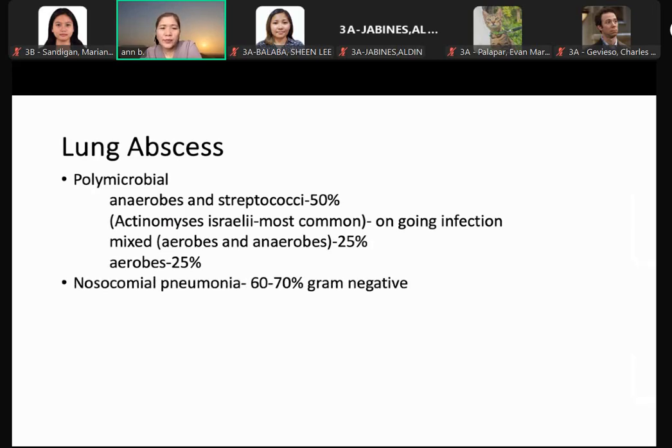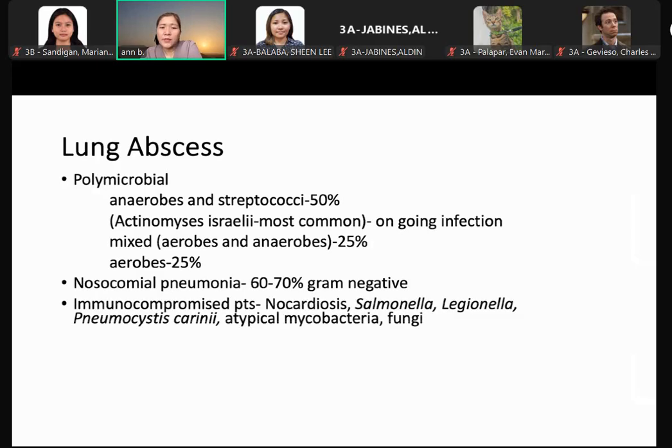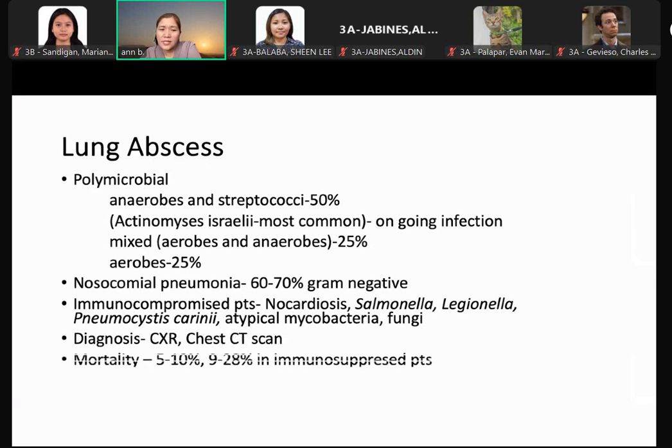Nosocomial pneumonia in 60 to 70% gram-negative, immunocompromised patients, as I have said, especially in AIDS patients with Pneumocystis carinii and fungi. So diagnostics, again, chest X-ray and chest CT scan. Mortality is 5 to 10%, or 9 to 28% in immunosuppressed patients.